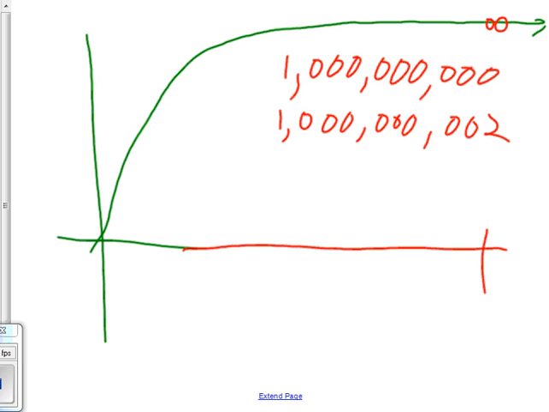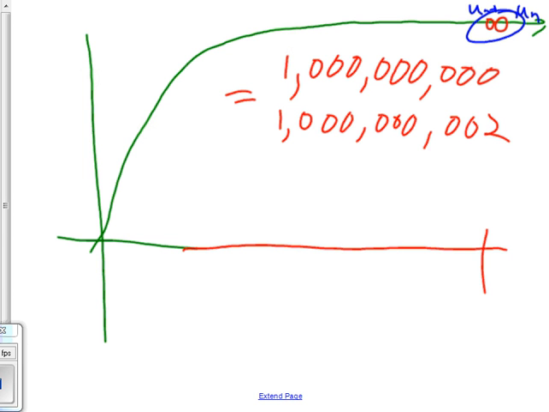Both of us would look at each other and basically say, yeah, these are more or less the same thing in the long run. The $2 is so minimal of a difference that it's basically the same thing. That's the same concept that we're looking at right here. We're just saying that u sub n minus 1 and u of n are basically the same value because they're so close in the long run.